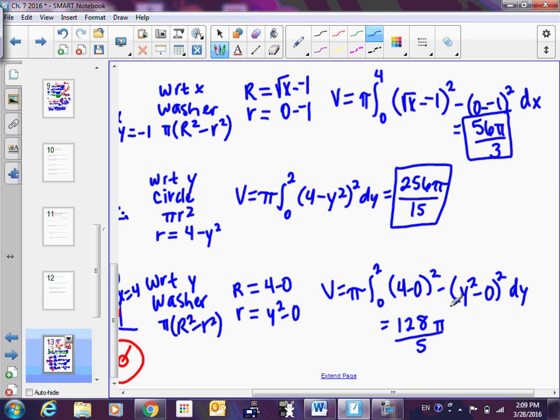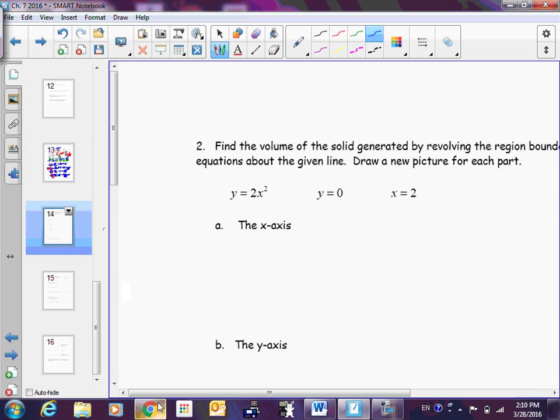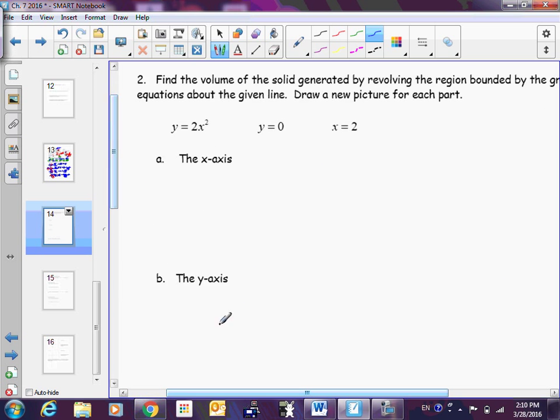Let's do another one. I'm going to go through that one a little bit quicker. On this next one, we are not going to just go ahead and find the area first. We're just going to jump into the volume.